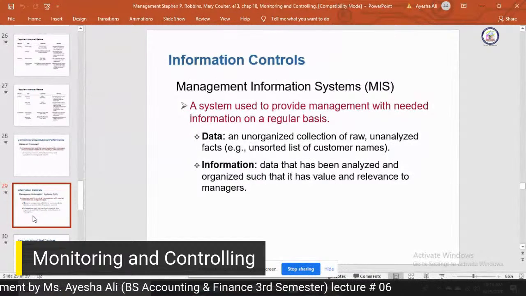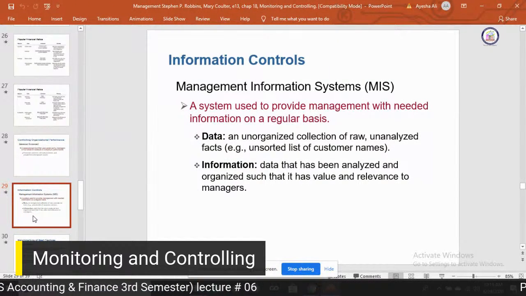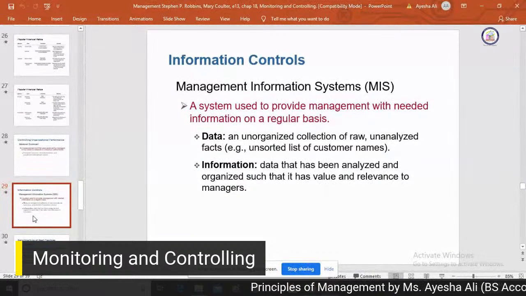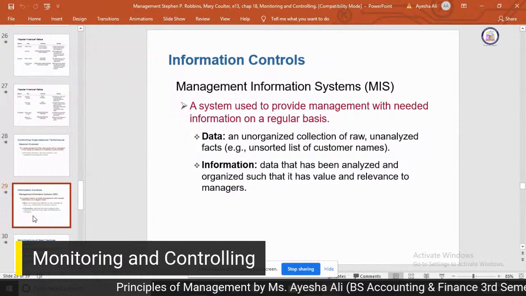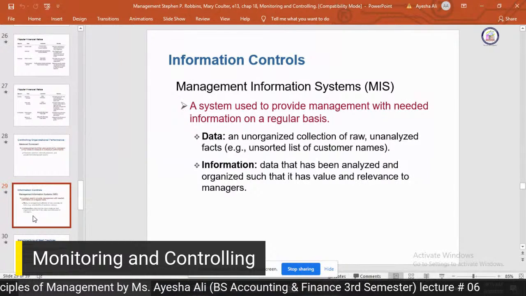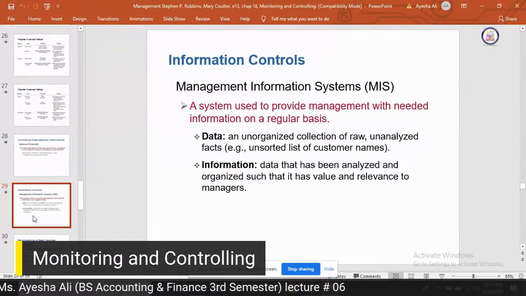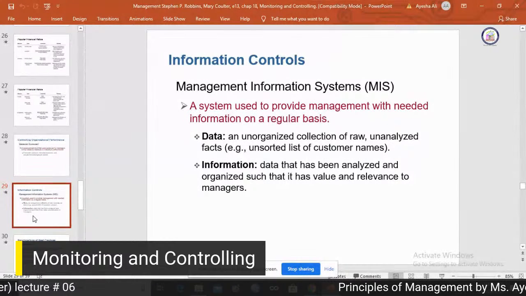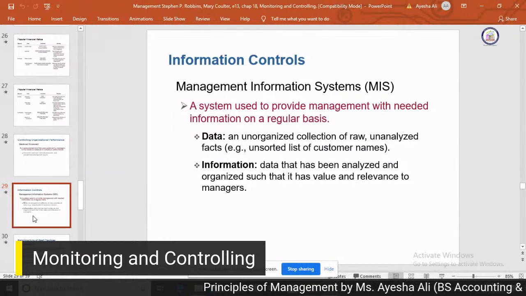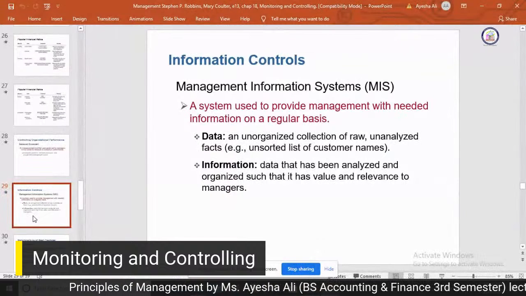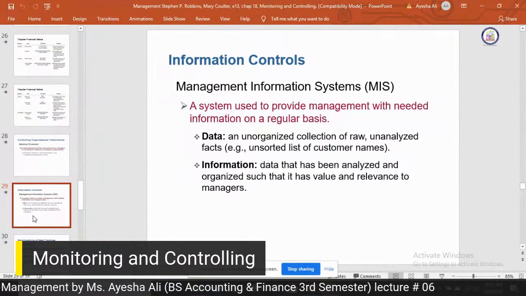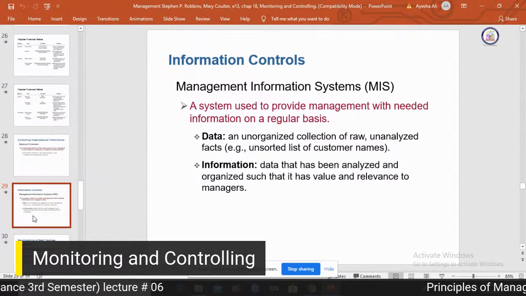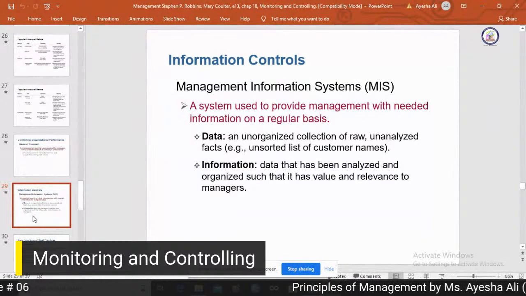So the first one is data. Data is basically facts and figures. It is the unorganized, raw collection of data, and after getting it, we analyze it and interpret it. Then we have information. In information, we get the data in an analyzed and more organized form, and after getting it, we make some sense from it, and we interpret it and analyze it.